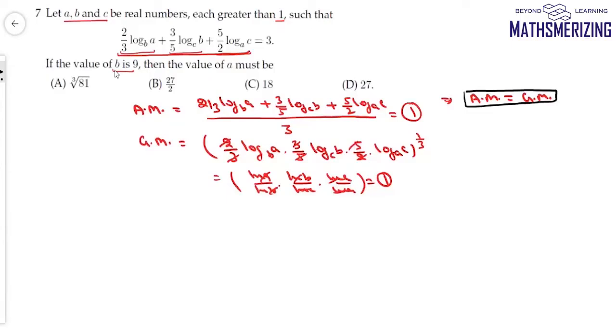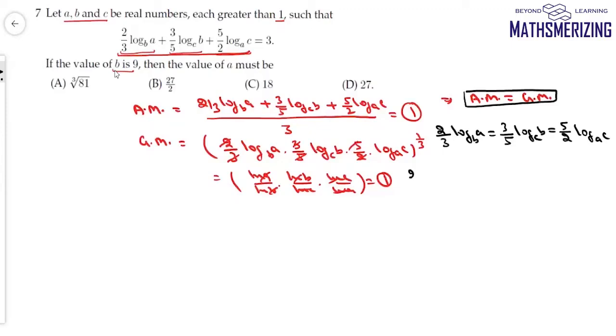So that means the condition I'm getting is this: 2 by 3 log a base b is equal to 3 by 5 log b base c, which is equal to 5 by 2 log c base a. Now what I'll also do is change everything to the base 3.